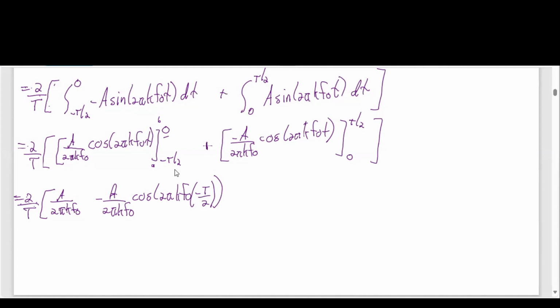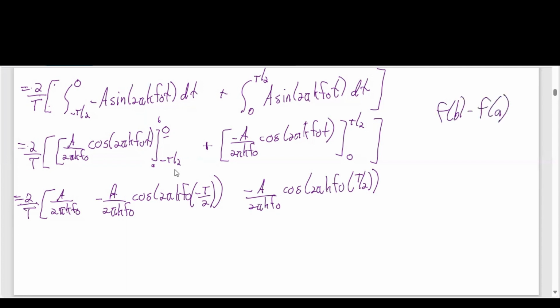And we have to tackle this piece here. So when you plug in t on 2, you just end up with minus e on 2 pi k f naught cos 2 pi k f naught t on 2, right? And then minus the f of a. Remember, it's f of b minus f of a.